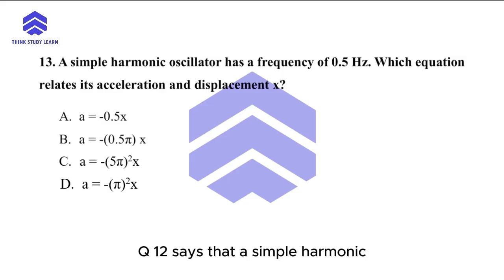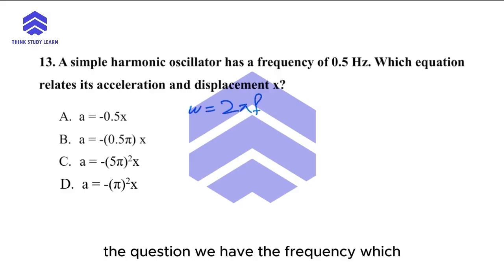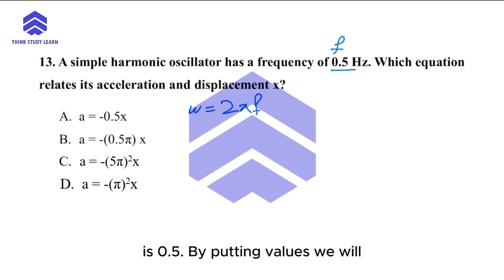Question 13 says that a simple harmonic oscillator has a frequency of 0.5 Hz. Which equation relates its acceleration and displacement x? The angular frequency can be measured by the formula which is 2 pi f. And in the question we have the frequency which is 0.5.